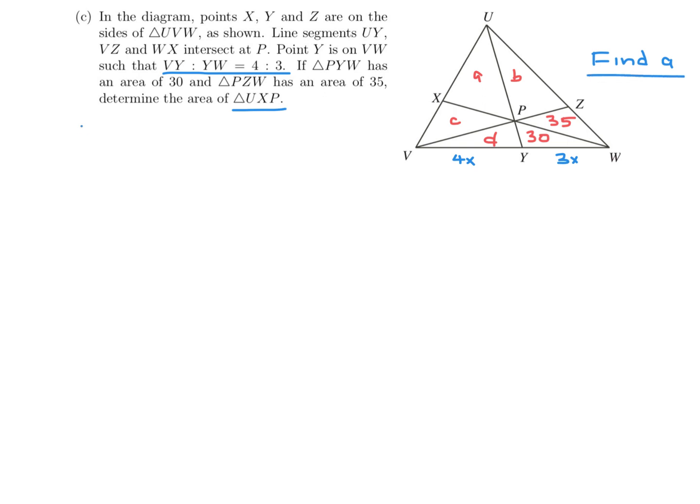All right, so off we go. So first comparison, UVY to UYW. So that would be 1/2 base as 4x, and the height, I'm not going to draw in the heights. Well, I could. Oh, whatever. Let's do it. I just don't want to make the diagram too messy, but it should be okay.